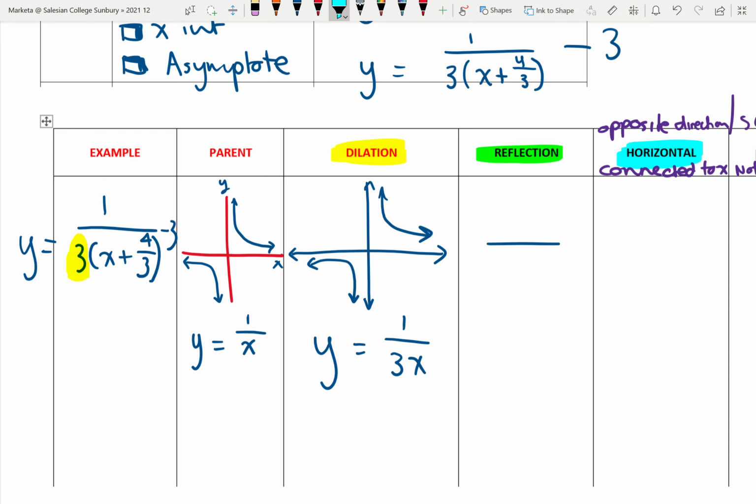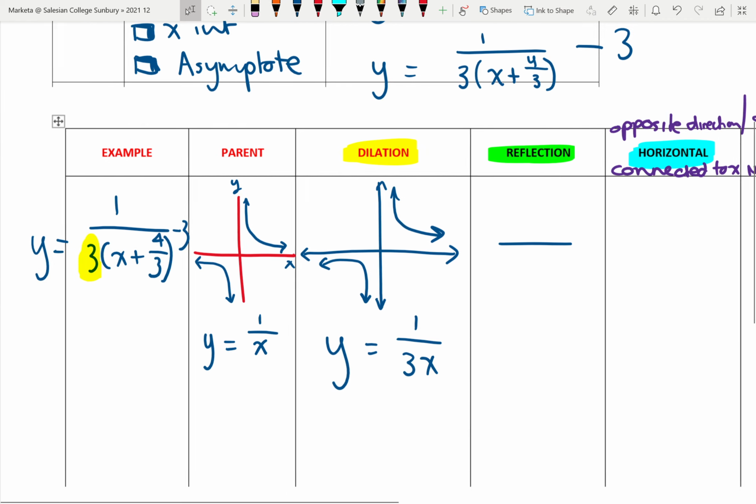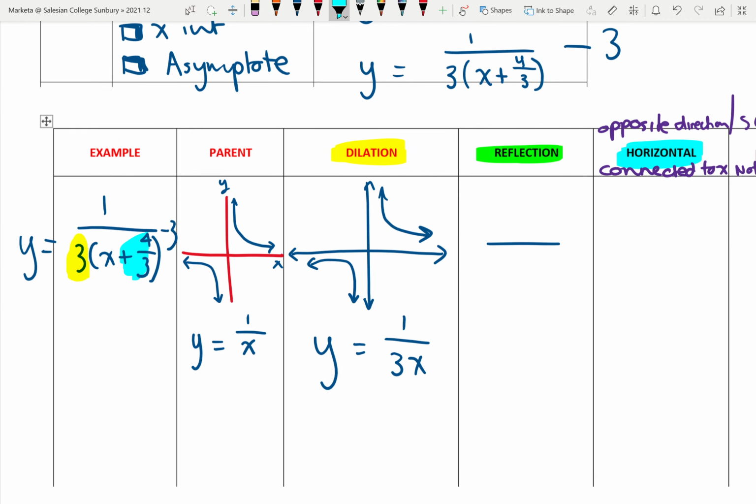Horizontal. So the horizontal, as I wrote last time for the parabolas, it goes in the opposite direction and it's connected to the x. So here we see that this positive 4/3 is connected to the x, it's in brackets with the x, and we're going to be going in the opposite direction, so we're going to go in the negative direction by 4 on 3 units.